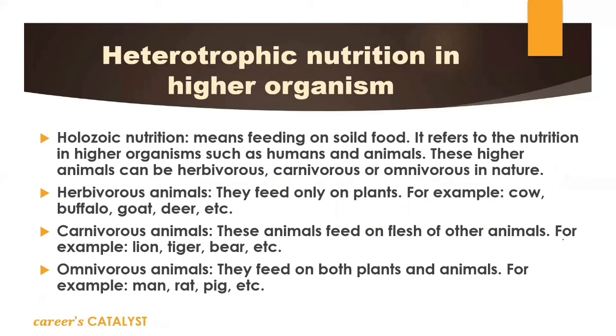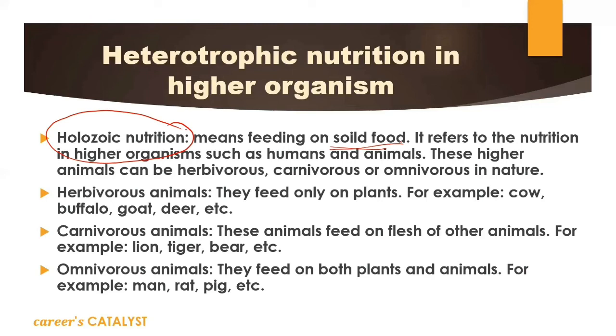Now we will talk about the heterotrophic mode of nutrition completed by higher groups of organisms. The higher groups of organisms perform the holozoic mode of nutrition, because in this particular mode of nutrition, organisms feed on solid food, meaning complex food, and then they decompose or break that food inside the body by a process of digestion.